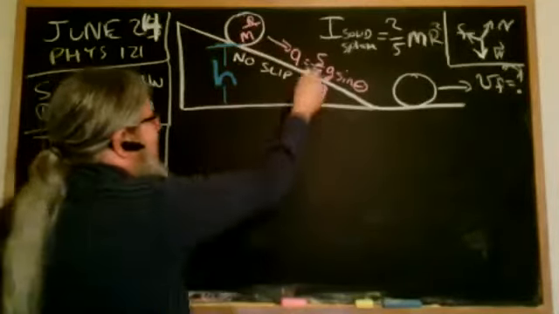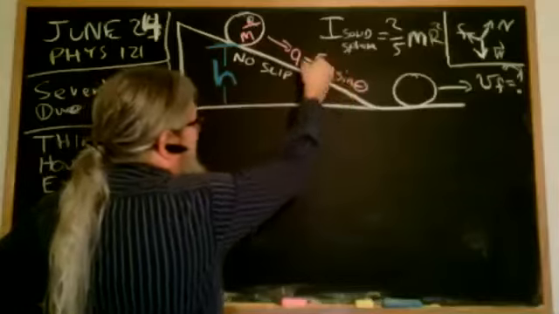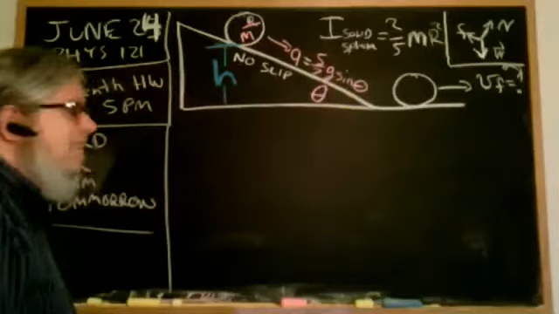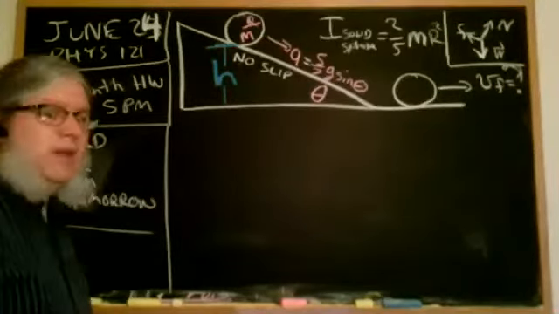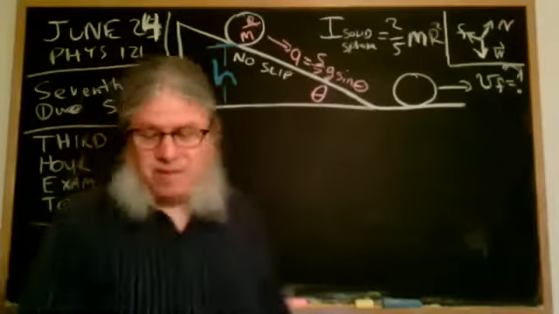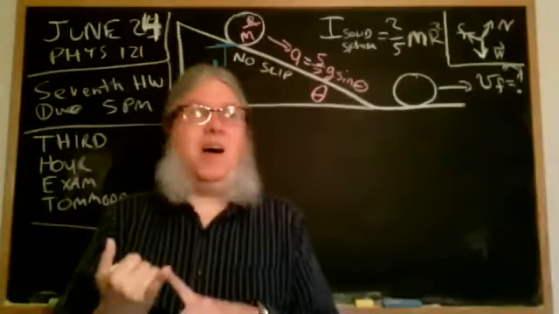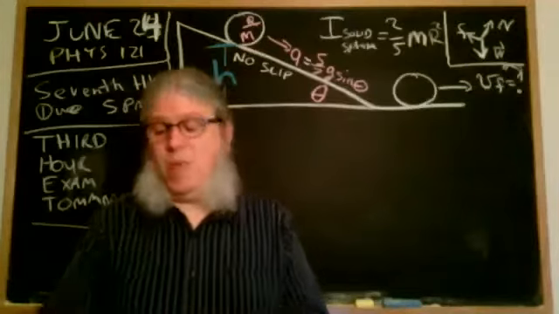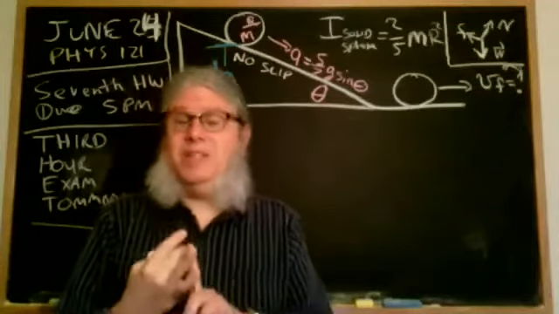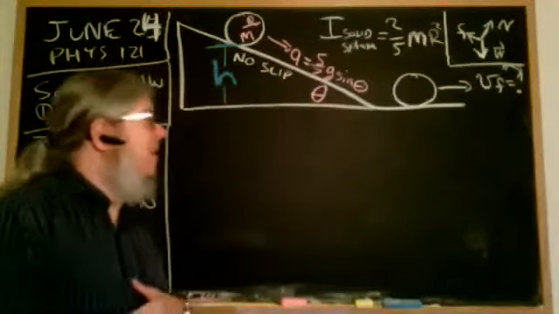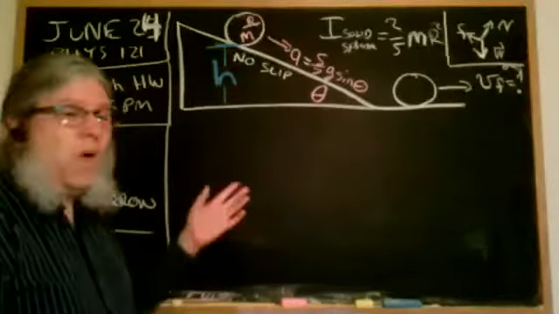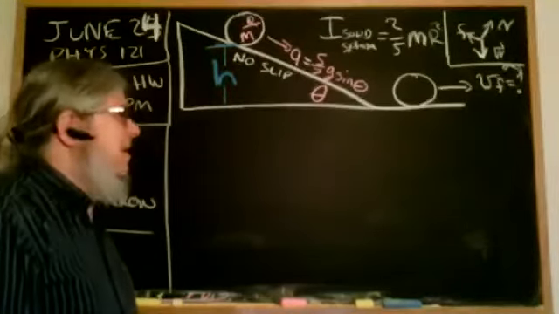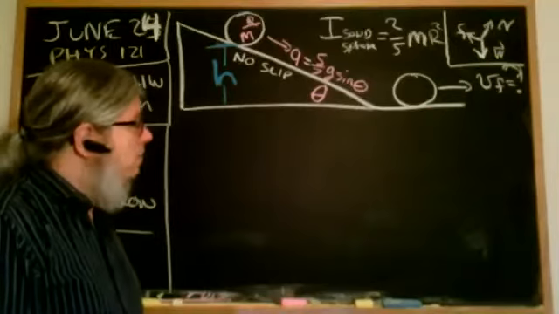And we worked out that the acceleration down the ramp was 5/7 g sine theta, using Newton's second law and the second law of rotations, the whole recipe for dealing with extended free bodies.